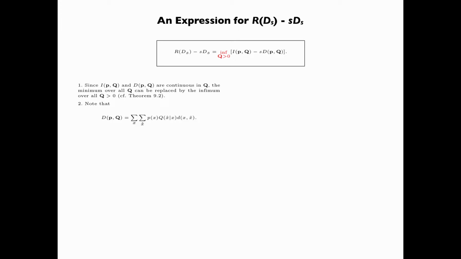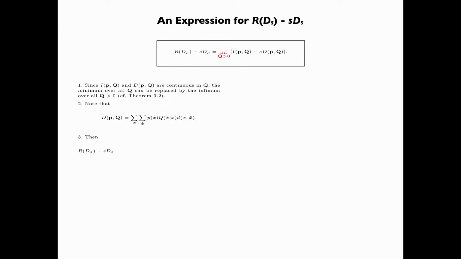Note that D(P, Q), the expected distortion between X and X hat induced by P and Q, is equal to the summation over x, x hat of P(x) Q(x hat|x) d(x, x hat).